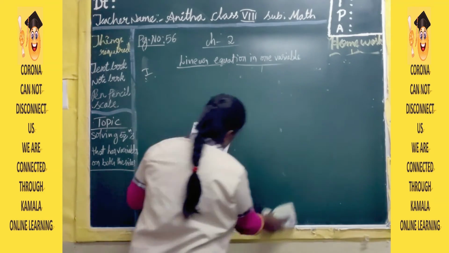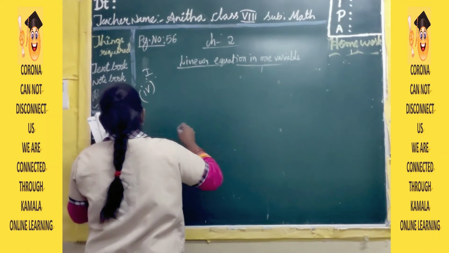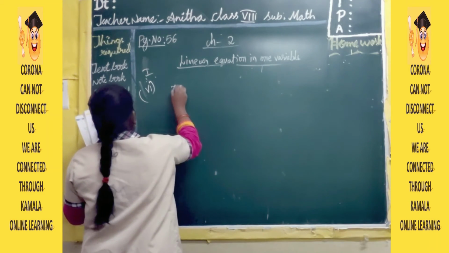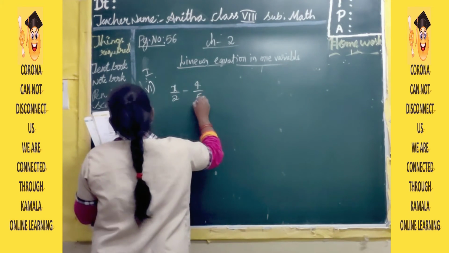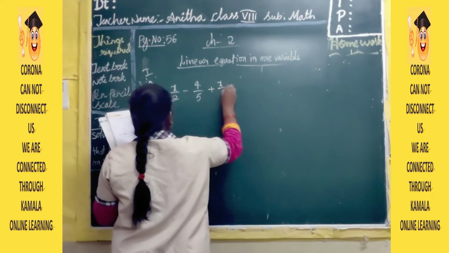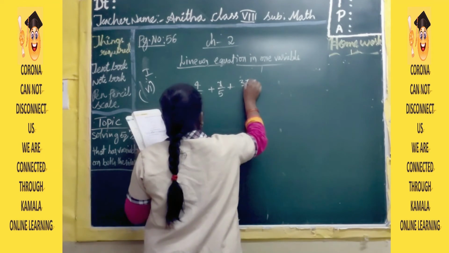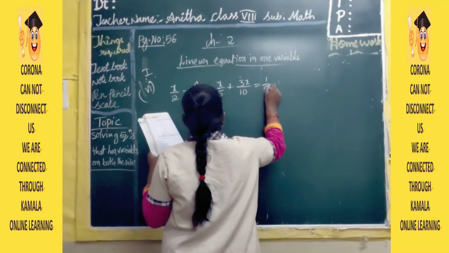You have to observe in the sixth one what they have given: x by 2 minus 4 by 5 plus x by 5 plus 3x by 10 should be equal to 1 by 5.